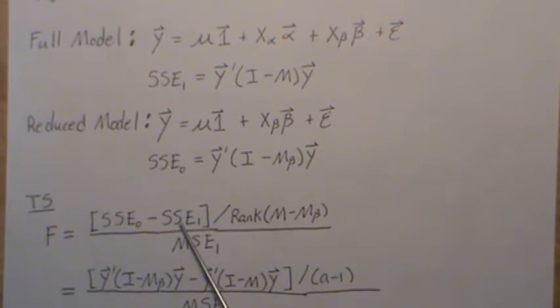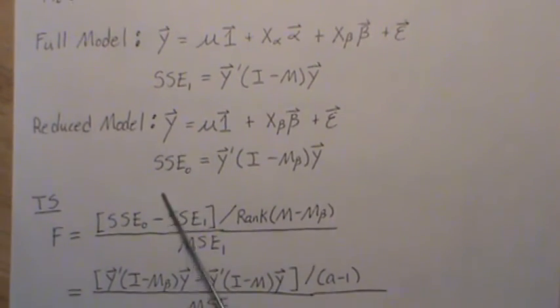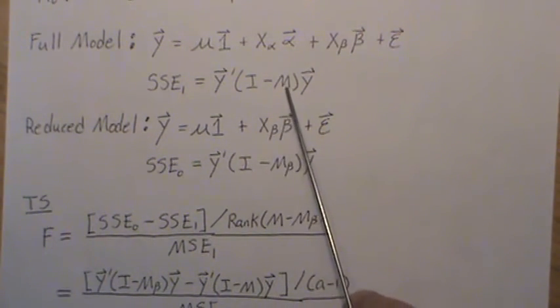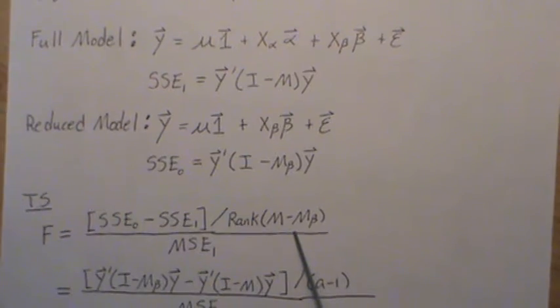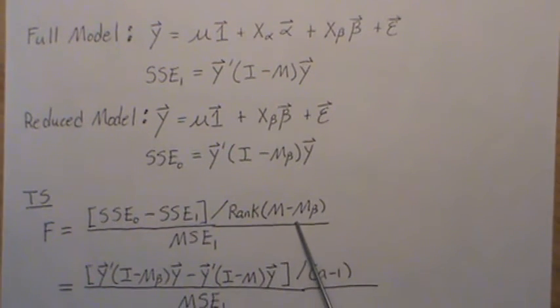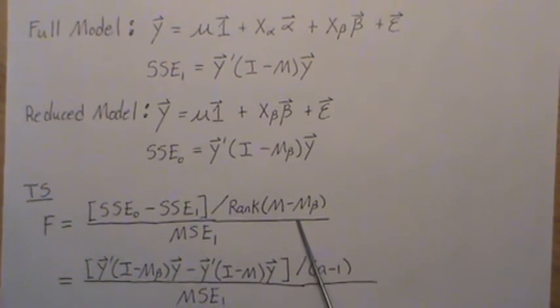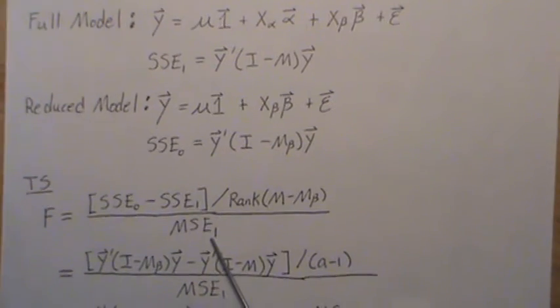sum of squared errors divided by the degrees of freedom associated with it, which is actually the rank of M minus M beta. And I have a playlist in the linear regression setting where we really go into great detail about these partial F tests. And this is divided by the mean squared error for the full model.